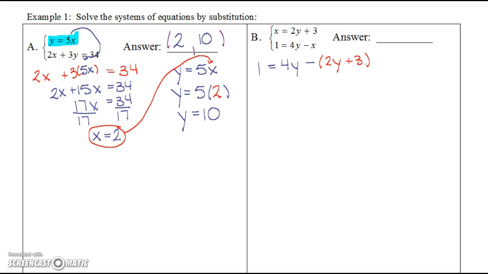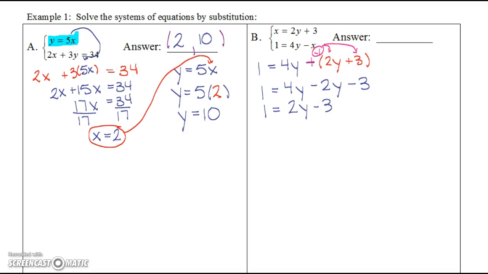Note, whenever I do a substitution, I will substitute with parentheses. That's a good habit to get into because you can see here we will be distributing that negative 1. So I will simplify my right-hand side, 4y minus 2y minus 3, or 2y minus 3 on the right-hand side.